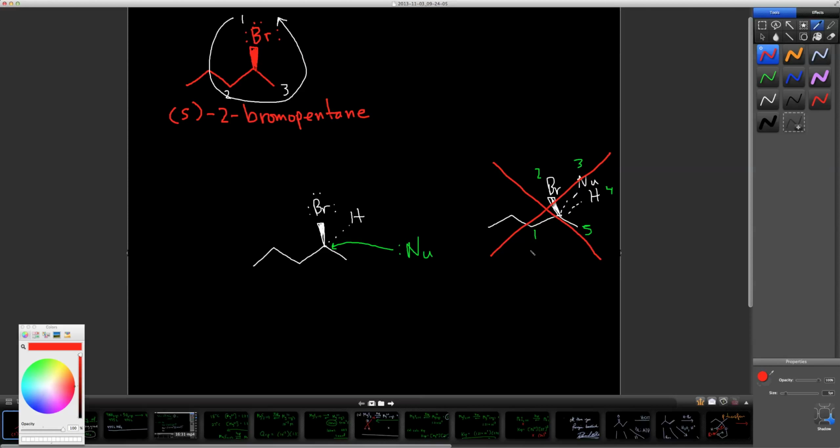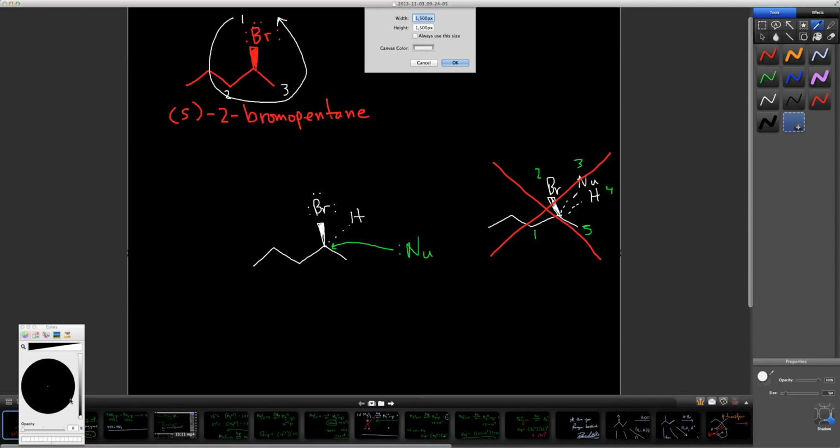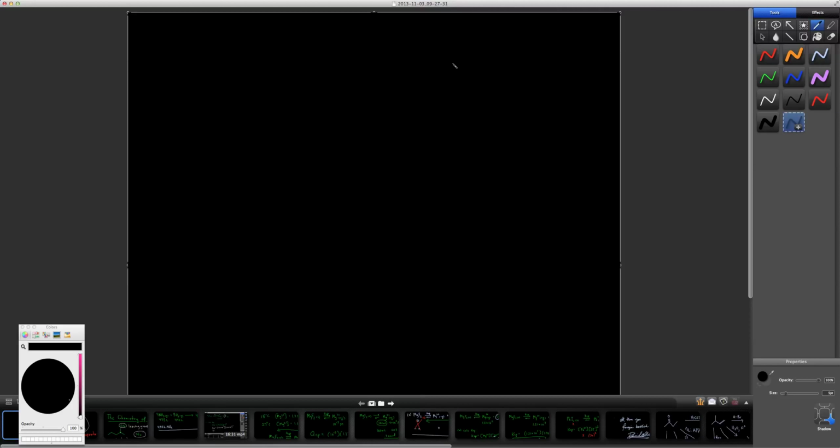Now, although this is not the main goal of this particular unit, let me refresh your memory that there is a type of nucleophilic attack and then loss of a leaving group that can occur. We will cover this more thoroughly in the second semester course, and that is nucleophilic acyl substitution.